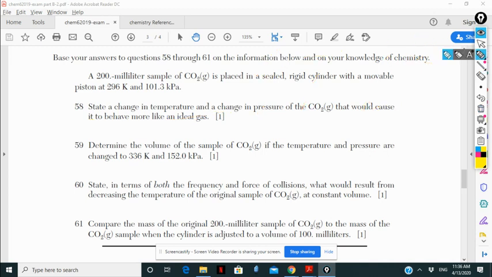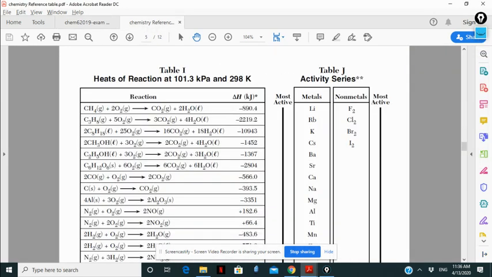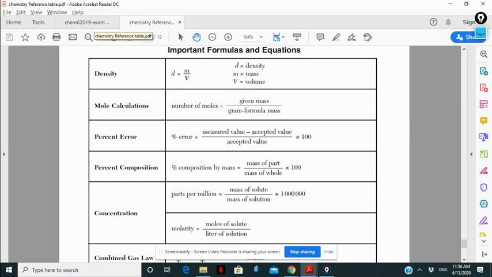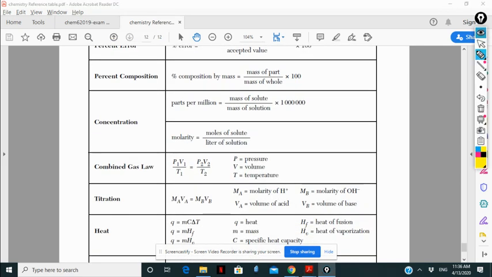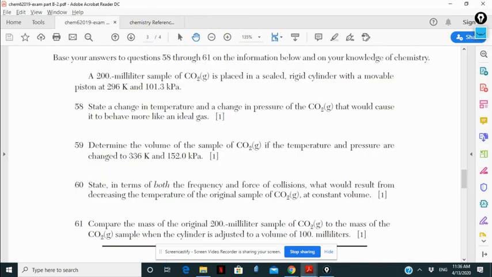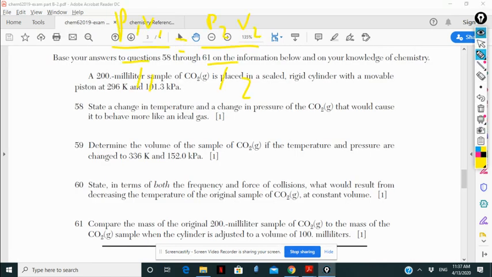Now determine the volume of the sample. So if you look here in the reference sheet, I'm going to use the combined gas law: P1 V1 over T1 equals P2 V2 over T2. That's the formula I'm going to use. So for the first situation, the pressure was 101.3, the volume was 200 milliliters, and the temperature was 296.